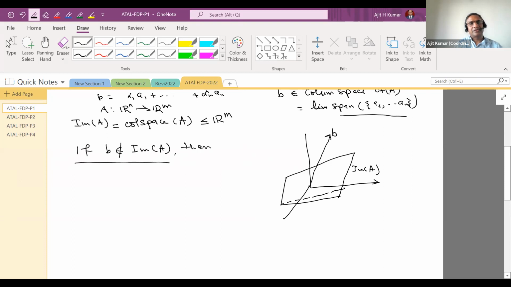If it is not in the image space of A, we have to look for what is the best that I can do. This is your target: B wants to be in the image space of A. If you cannot achieve that, what would you like to do?